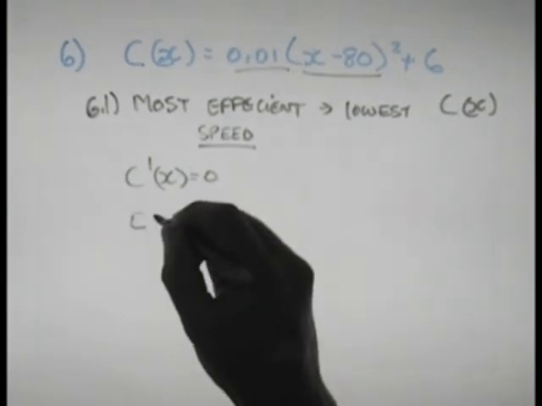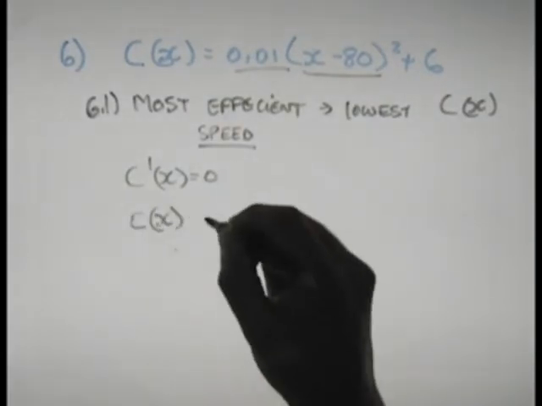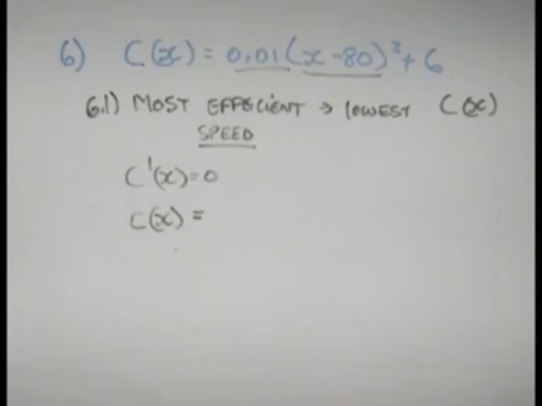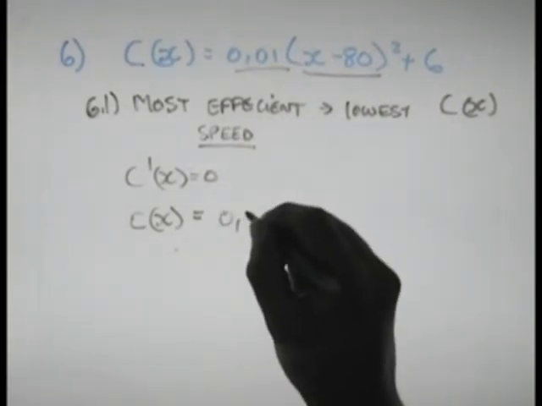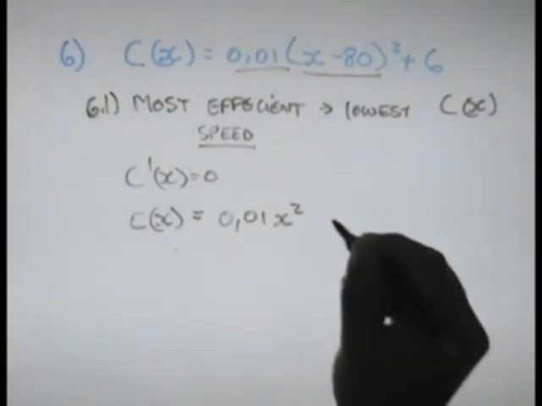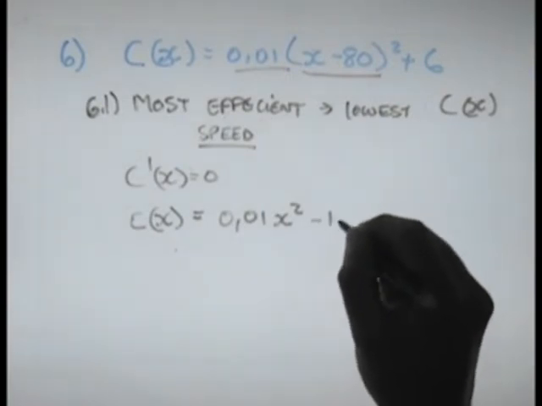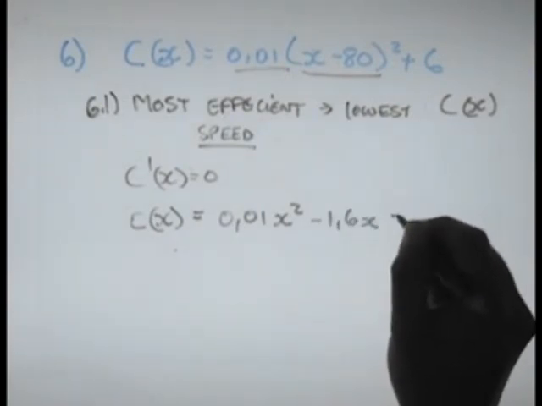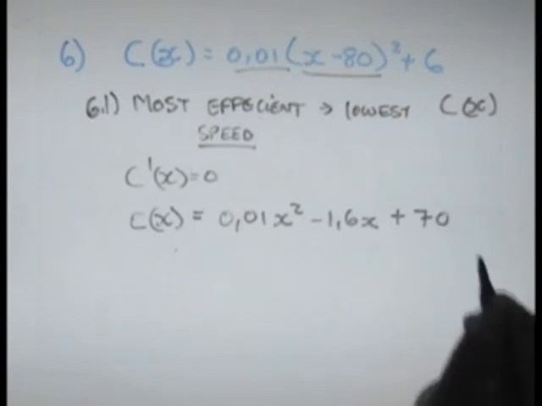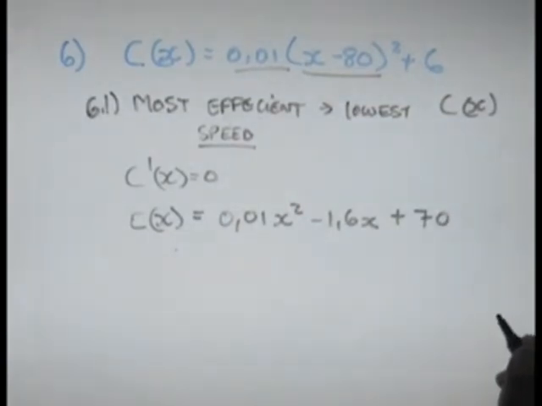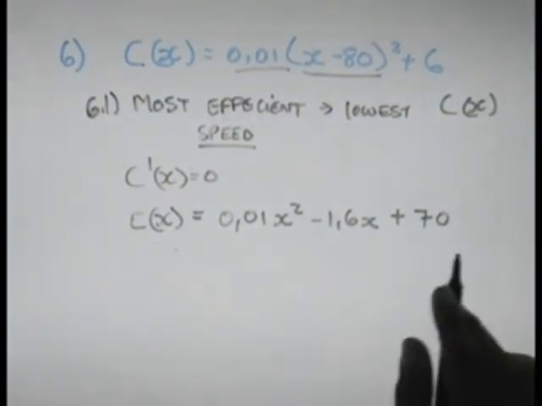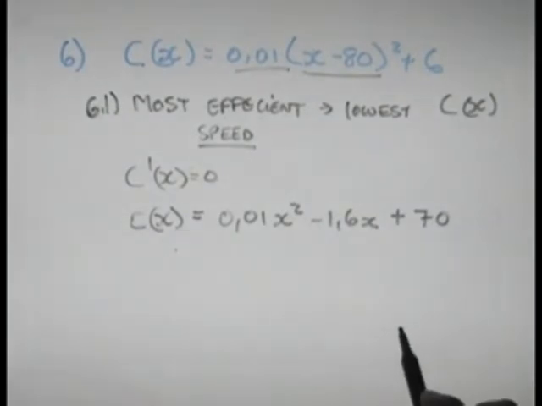That means that C(x) is equal to 0.01x squared minus 1.6x plus 70. And this is my actual consumption function.